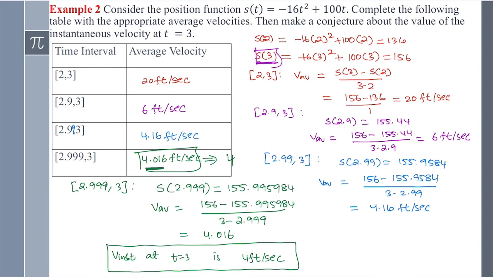We just have to look at the number and make an approximation. It looks like it's approaching 4, so we say it's 4 feet per second. Later on, as we progress with this course, we'll find a way to get the exact instantaneous velocity, and we'll take this example and find exactly that it's 4. But at this point, we're just going to approximate in this way.